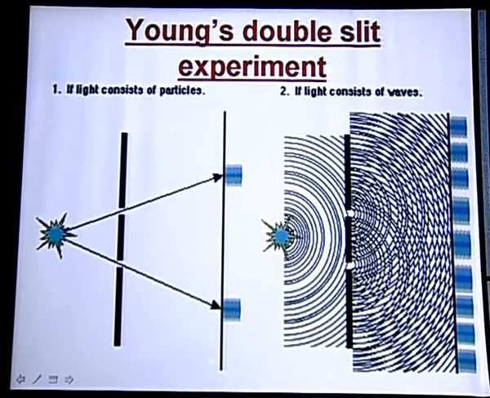When these two waves come out, suppose there is a phase difference between them, but it should remain constant, it should not change. If it remains constant, then we get coherent sources.